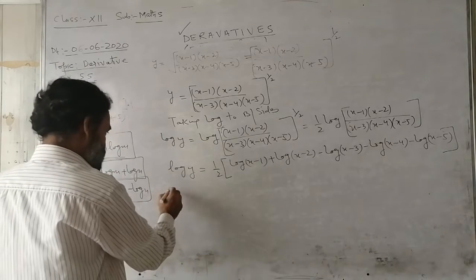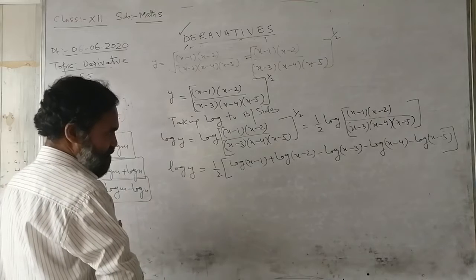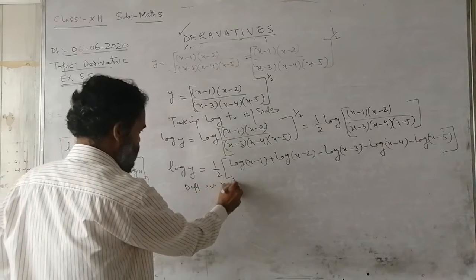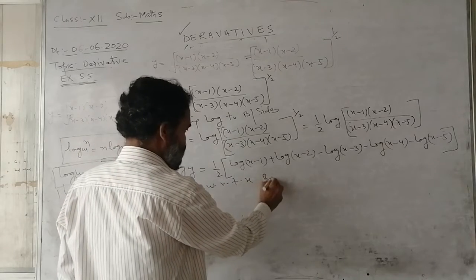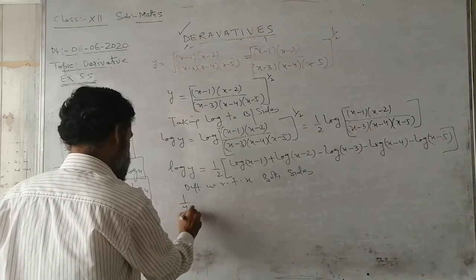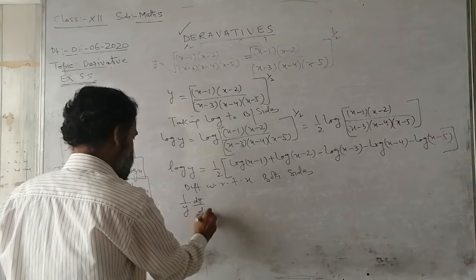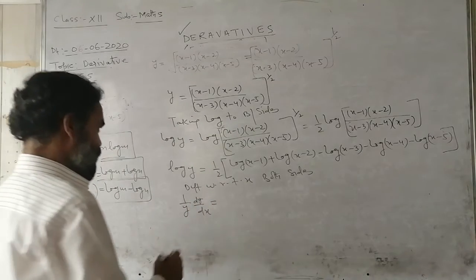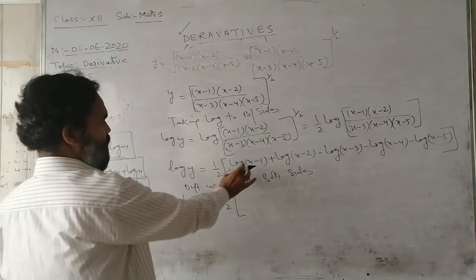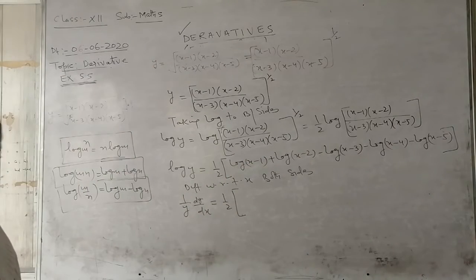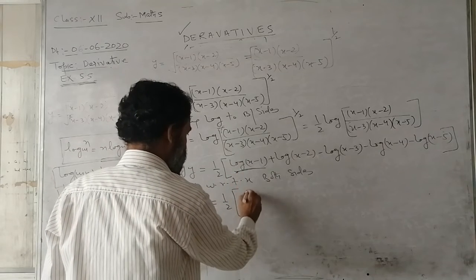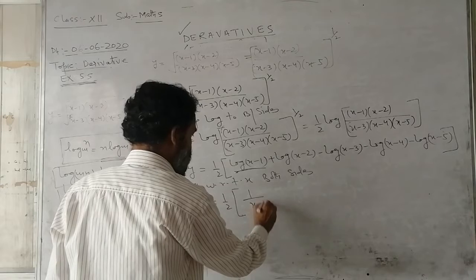Now I differentiate both sides. Here I will have 1 upon y into dy upon dx, and this will equal half. Now log of x minus 1: the derivative of log x is 1 upon x, so its derivative will be 1 upon x minus 1.